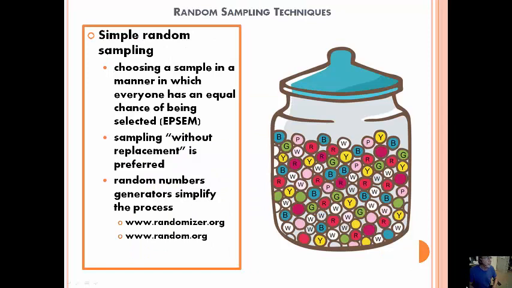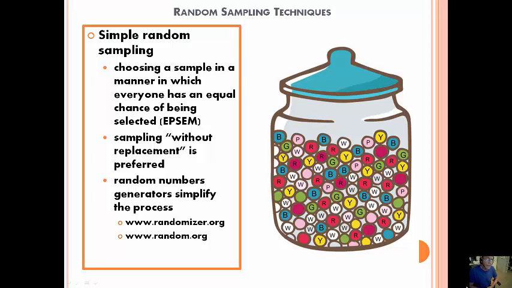Random sampling. I think the thing that you need to remember about the word random and random sampling is that whenever you do a random sample, each element in the population has an equal probability of being selected.